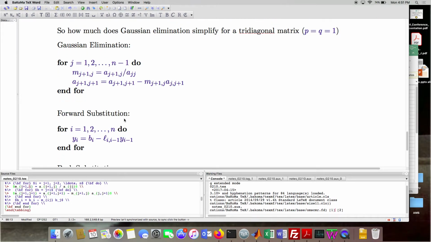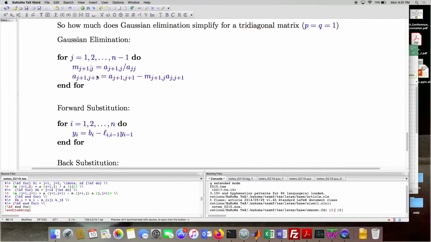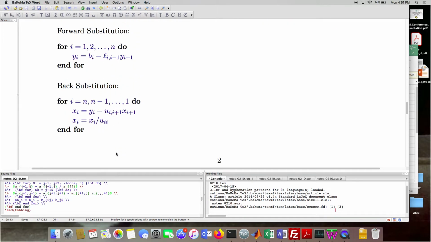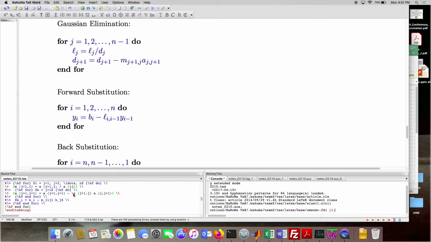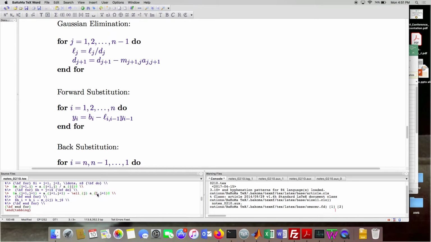Since the multipliers go down there, I'll put those in L. So L_J over D_J, and then here, too, I have L_J. And then here, A_J+1, that refers to a superdiagonal entry. For those, I'm going to use a row index, because when you have a diagonal above the main diagonal, the first element is going to be in row 1. So that would be U_J.